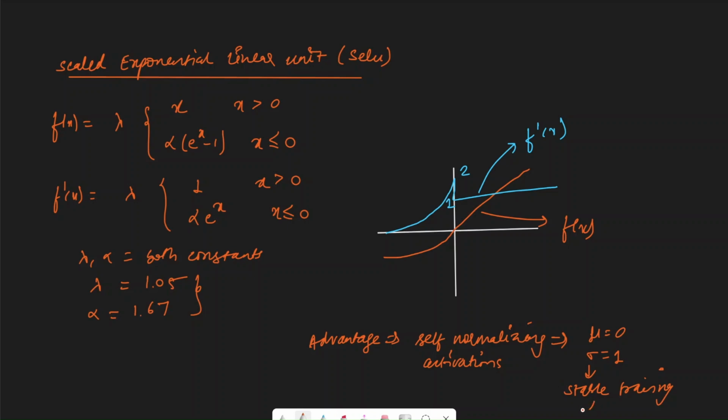And this way we can avoid normalization because it is already normally distributed. So output from the entire layer would be self-normalized, and in this way we will not have to apply any normalization. So this will lead to faster training.